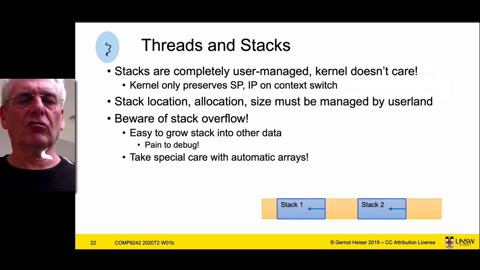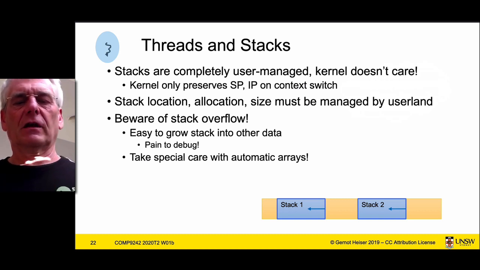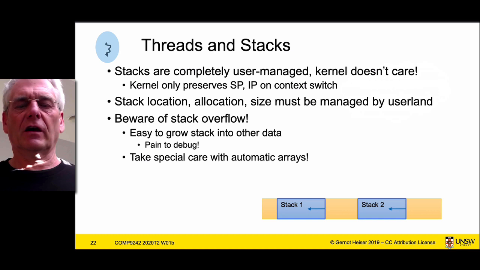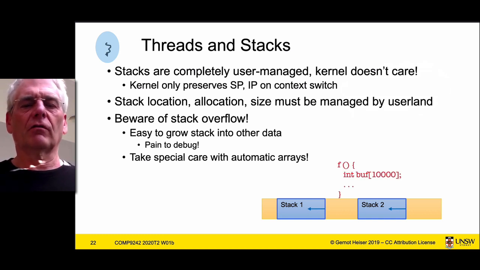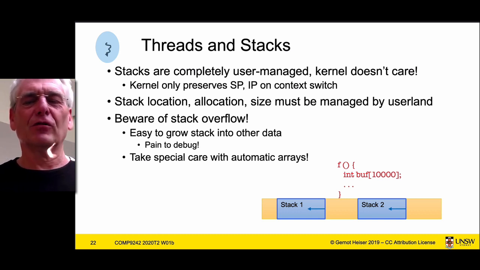And the typical danger here is an automatic array. So assume you have two threads in the same address space with their stacks allocated somewhere, probably not too far apart. And then you do a function call that allocates a big automatic array. That's, of course, a silly thing to do. Some people do it, and you might be tempted, if you don't think about things too carefully, to actually do that.